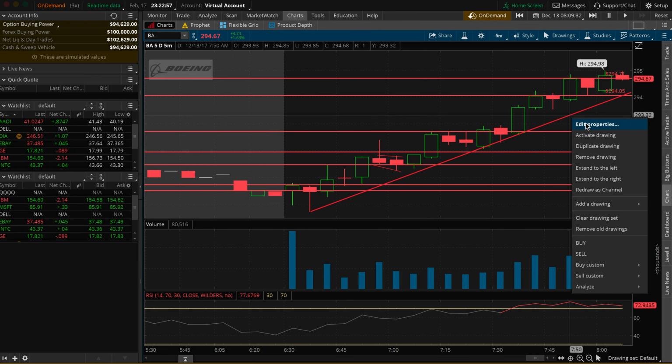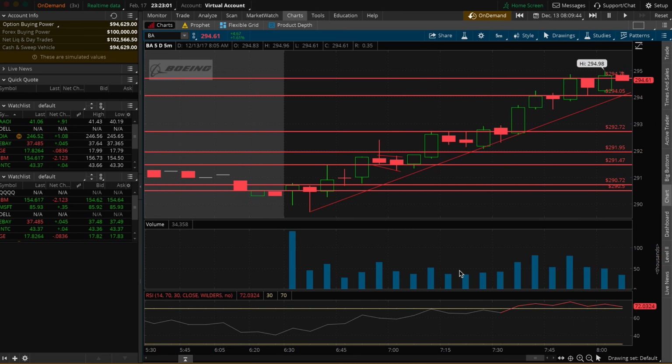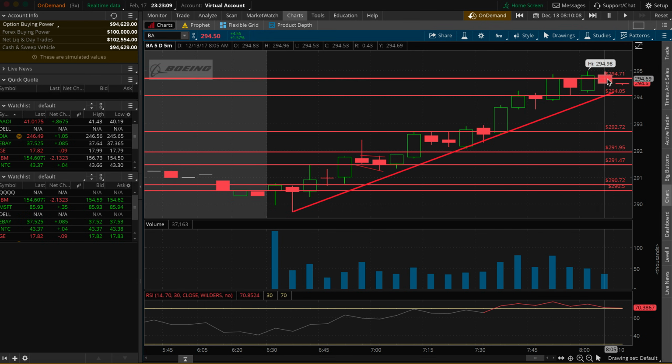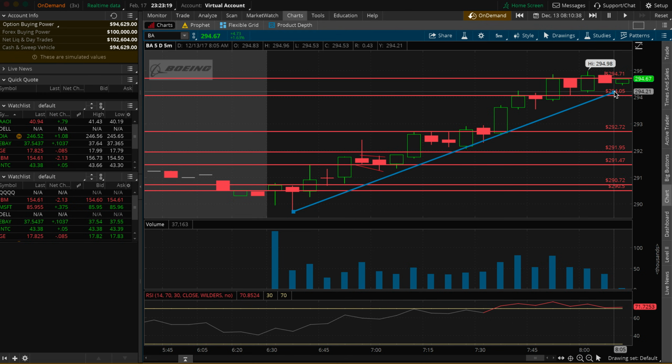Let's make that a little wider. There we go. So this was our support now. It just broke our support. So it broke our support. Now we're on cautious. Now we're on caution.